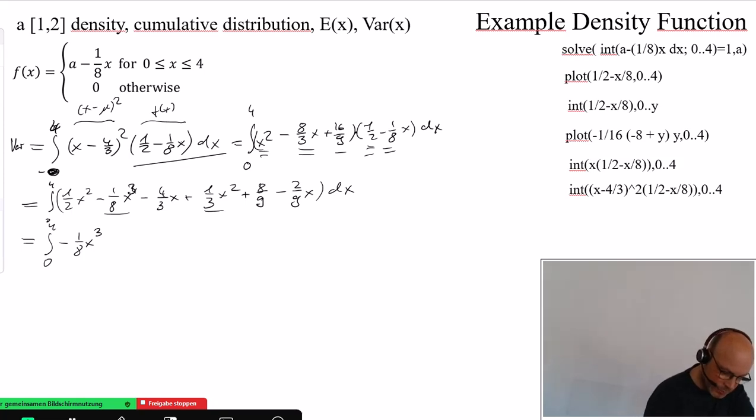Then we have 2 times x squared. 1/3 is 3 over 6 plus 2 over 6 is 5 over 6 x squared. Then we have 2 times minus. This is 12 over 9 plus 2 over 9 is 14 over 9 times x, and the last one.